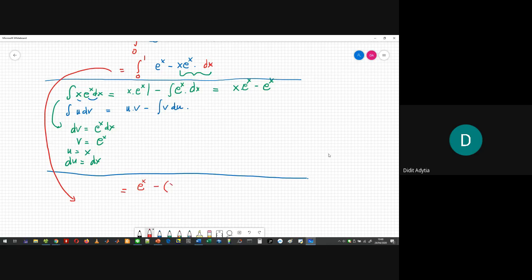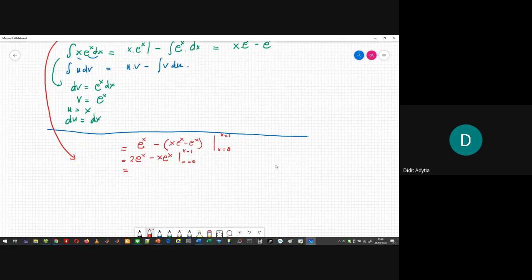Okay? x e^x minus e^x, and then it becomes x is from 0 to 1, and this is e^x. e^x ditambah e^x berarti 2 ya, benar nggak? 2 e^x minus x e^x. Okay, and then x from 0 to 1.